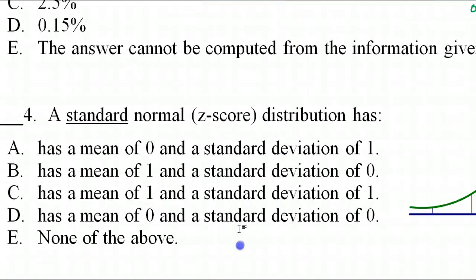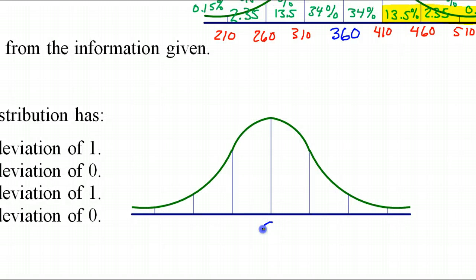For z-scores, it's always 0 right in the middle. So when this is a z-score situation, the z-scores that are right on these lines here will always be 1, 2, 3 standard deviations, and -1, -2, -3.